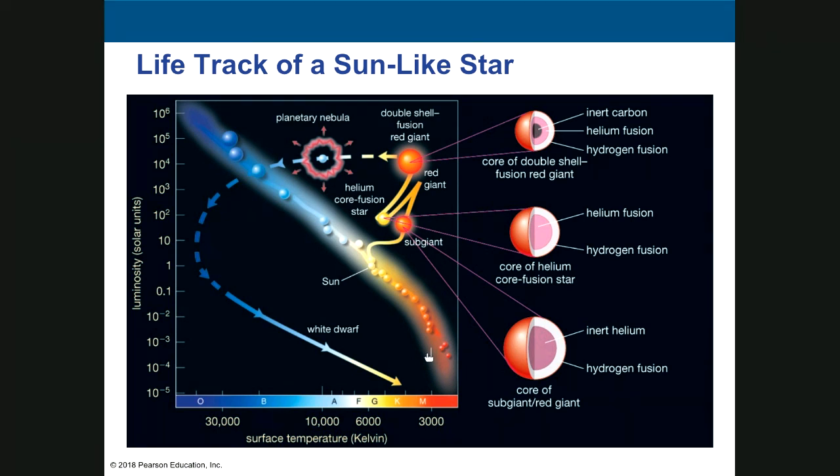So to sort of summarize and recap, if you look at our sun, it starts on the main sequence, right? In the main sequence, we have an inert helium core, but hydrogen fusion in the core, all right? Never mind. We have our sun where we're rapidly fusing hydrogen into helium.